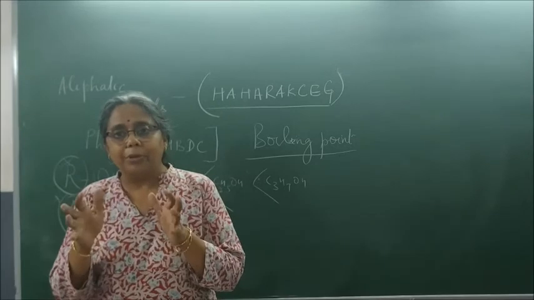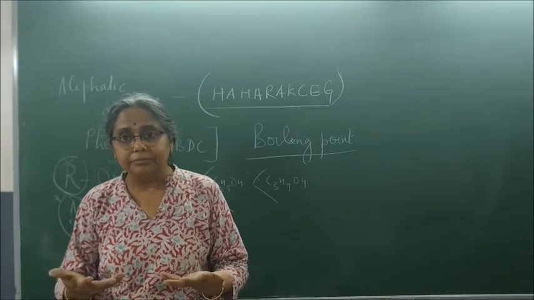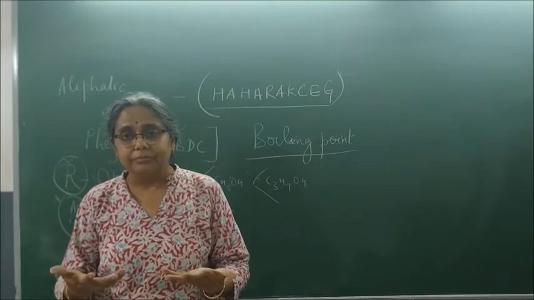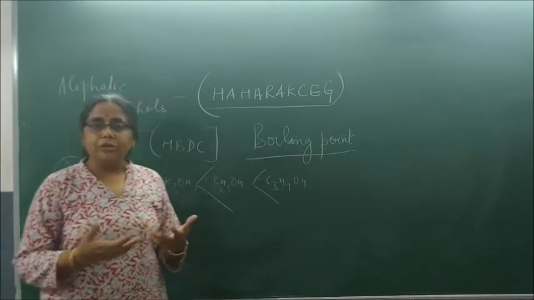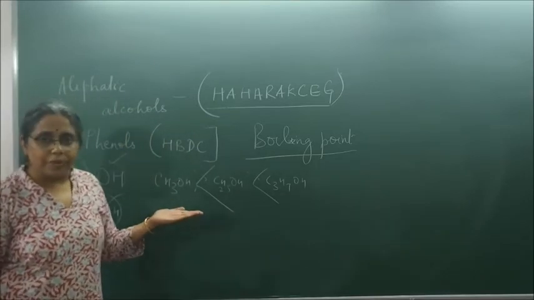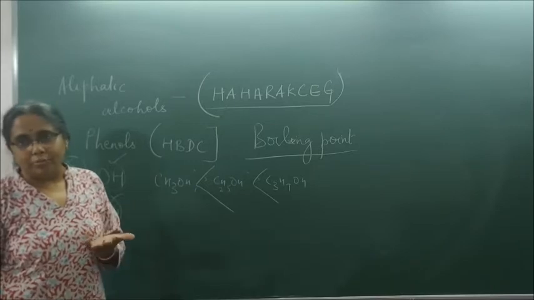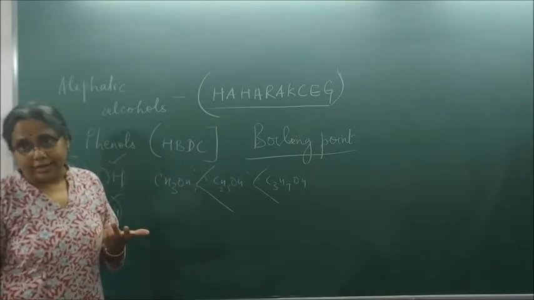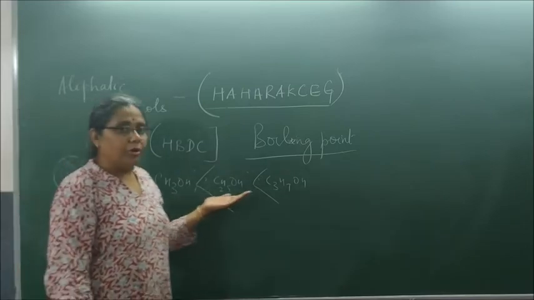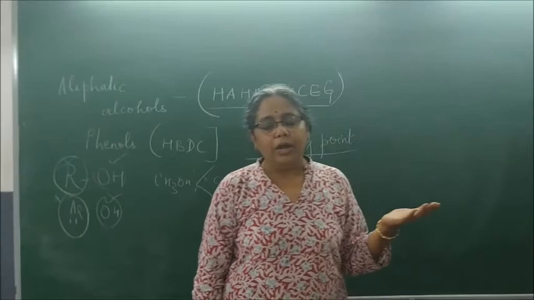When the number of carbon atoms increases, what increases? You should learn now, after studying so many chapters, you should be able to understand that boiling point increases due to intermolecular hydrogen bonding or due to van der Waals forces of attraction. More the number of carbon atoms, more will be the van der Waals forces of attraction.